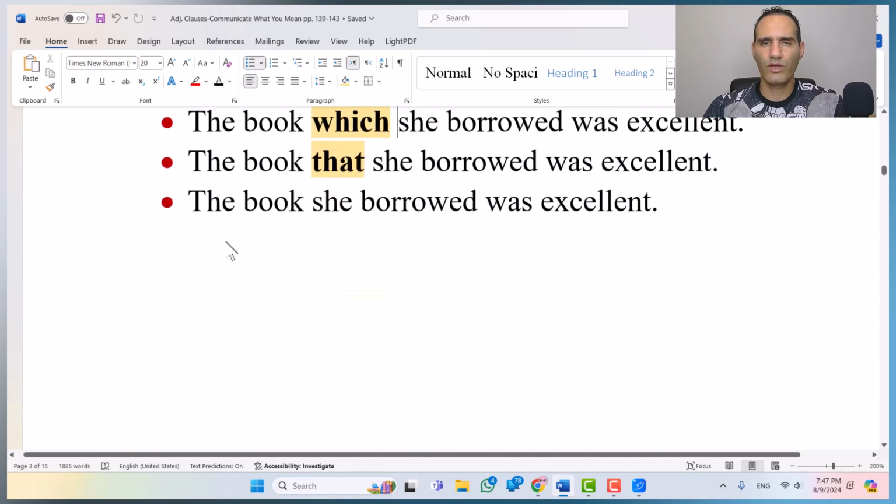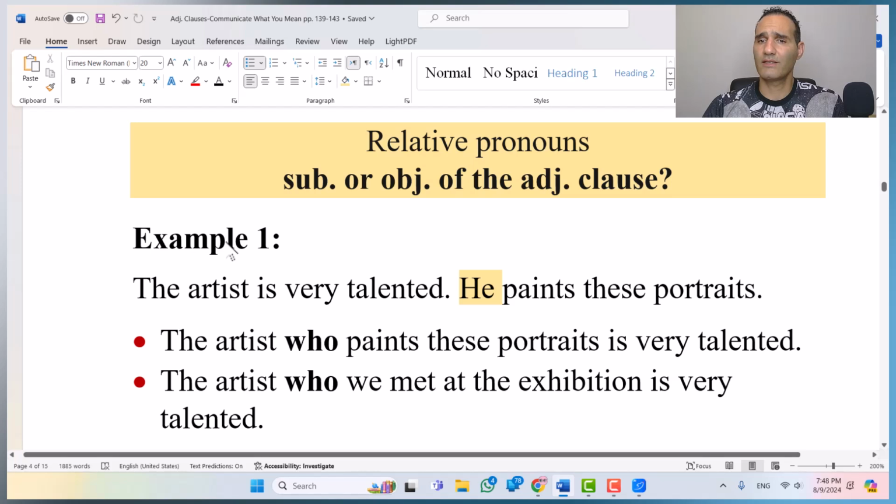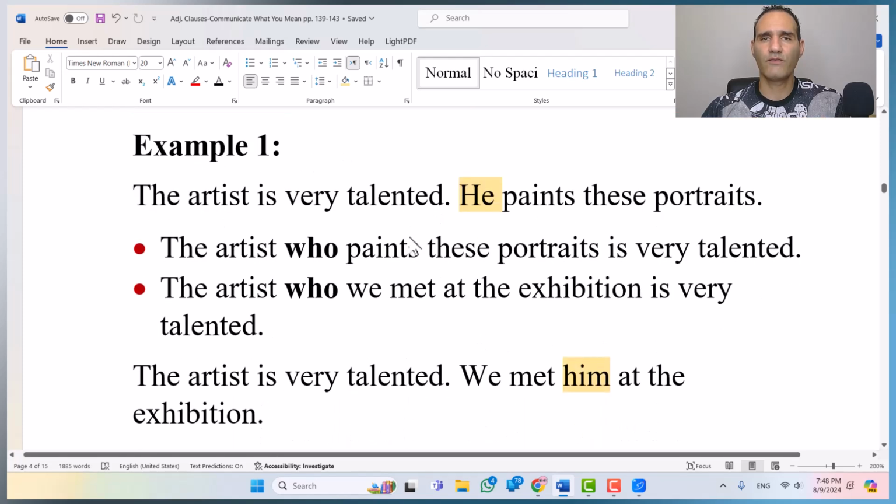Another example with which we covered it. Relative pronoun, is it subject of the adjective clause or object? I told you it is necessary for us to understand, because in the following sessions we were talking about the reduction of adjective clauses, and we need to know. Here I told you go to the deep structure and find, for example, this who has come instead of a he or a him.